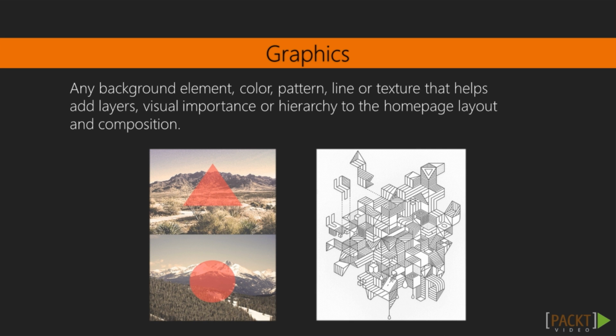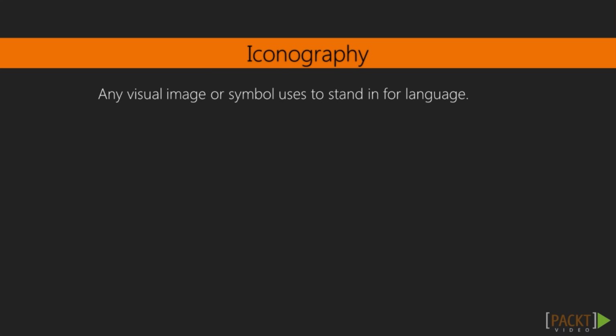Based on these values, you can establish a few things from our media when we were talking about graphics. A graphic is any background element, color, pattern, line, texture, that helps add layers or visual importance to the layout or composition. Graphics can be applied through a few aspects of your website system. It can be part of your iconography, which is probably the most recognizable use of graphics.